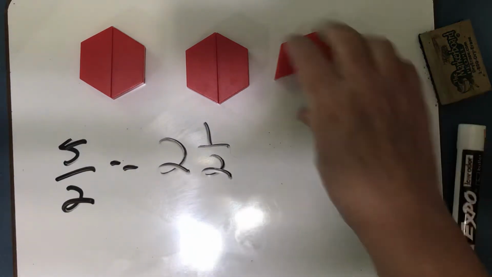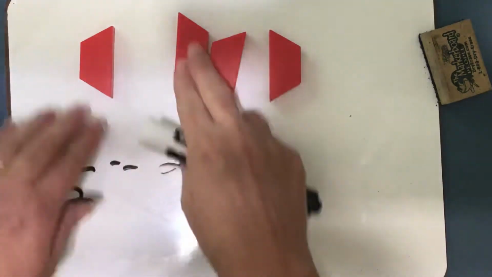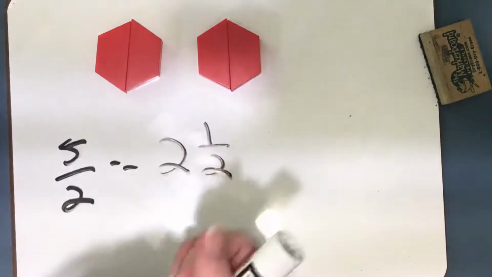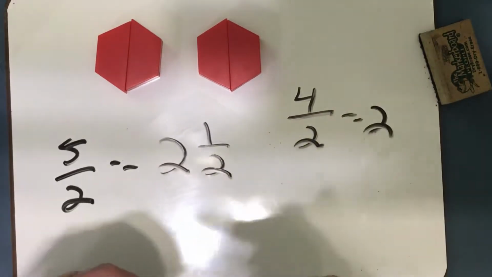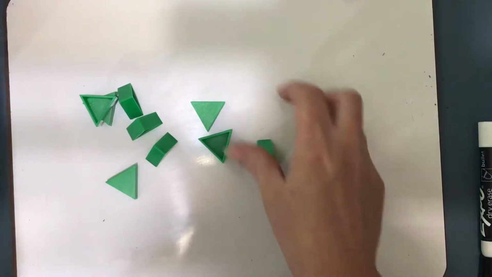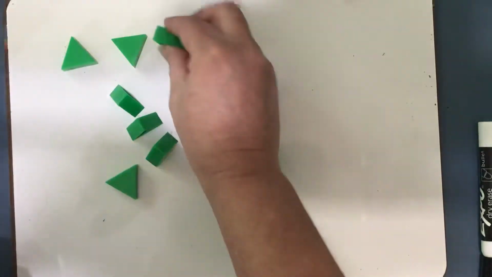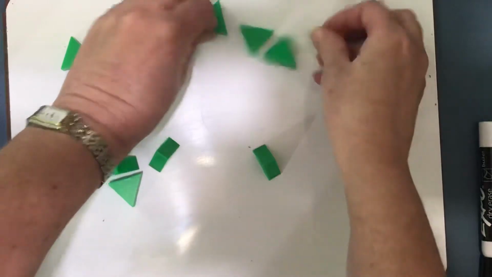Okay, what if I just had 4 halves? 4 halves, I can see that 4 halves equals 2.